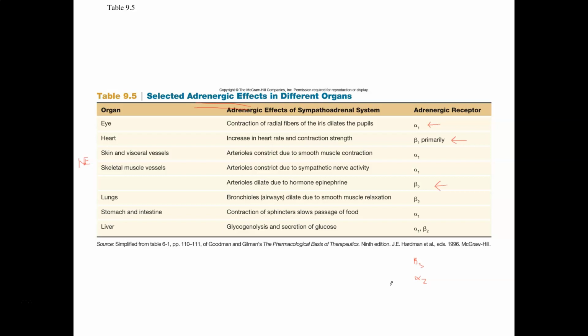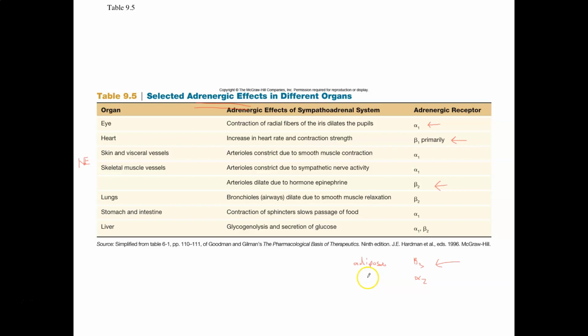Think of beta 2s when you think of asthma, inhaling a medication that's going to open the bronchioles and make it easier to breathe. For beta 3s, think of adipose tissue. Think about breaking down fats, lipolysis, thermogenesis. Those are good functionalities when you think about beta 3s.